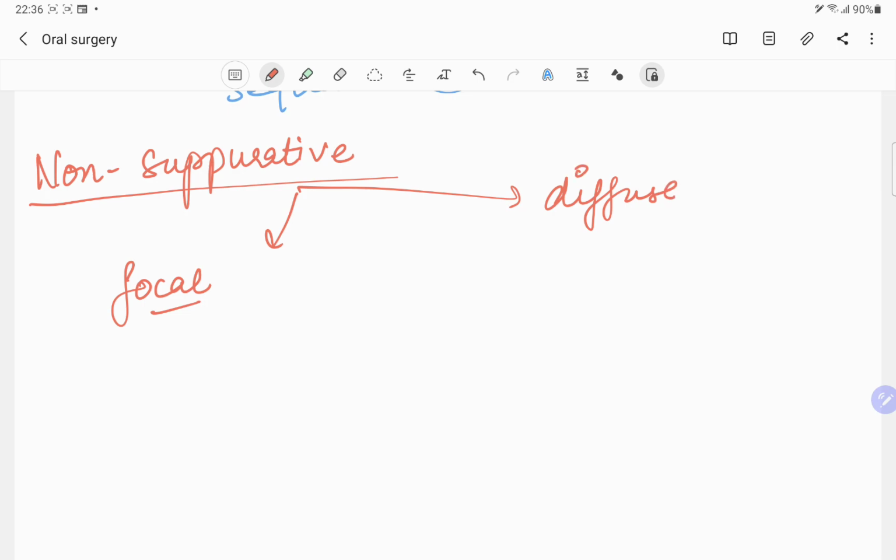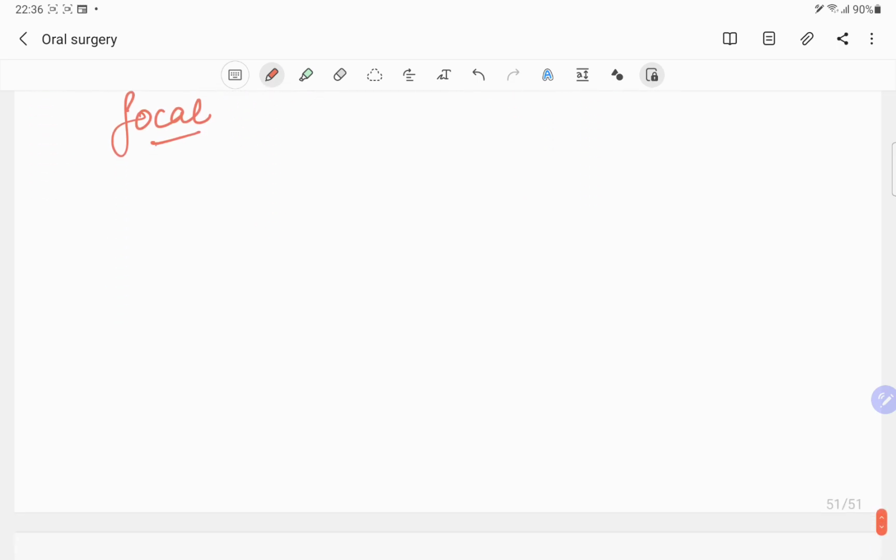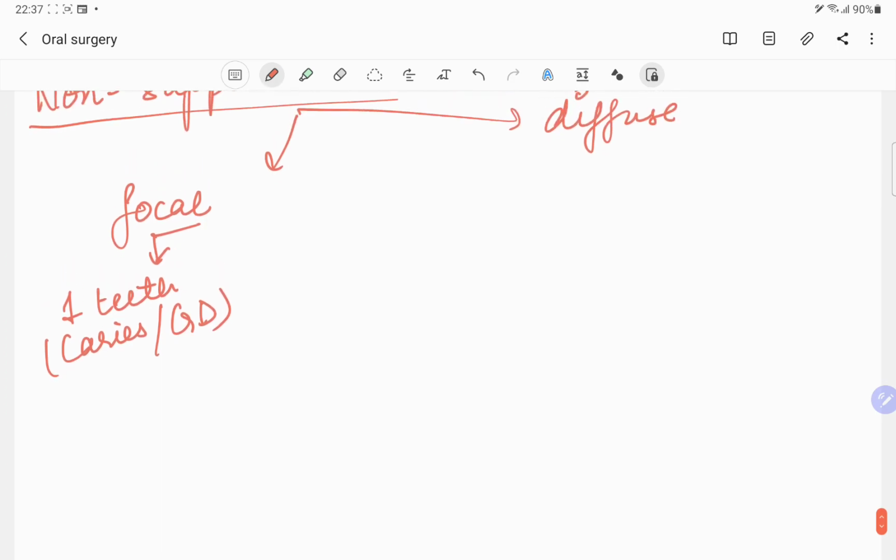As the name suggests, focal means it is confined to one tooth, basically confined to a specific tooth which is carious or grossly decayed. Diffuse means that there is no single tooth which is involved. Instead, there is periodontal disease, a large number of teeth, right? The infection is not through the pulp or the carious teeth. Instead, infection is from the periodontal attachment.